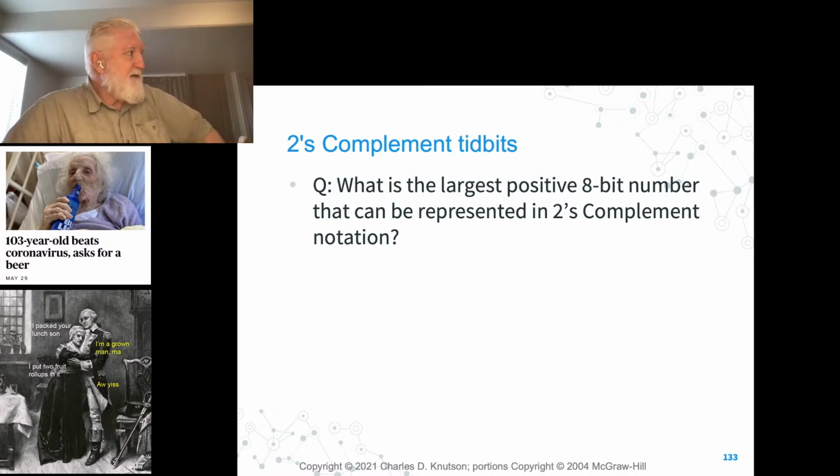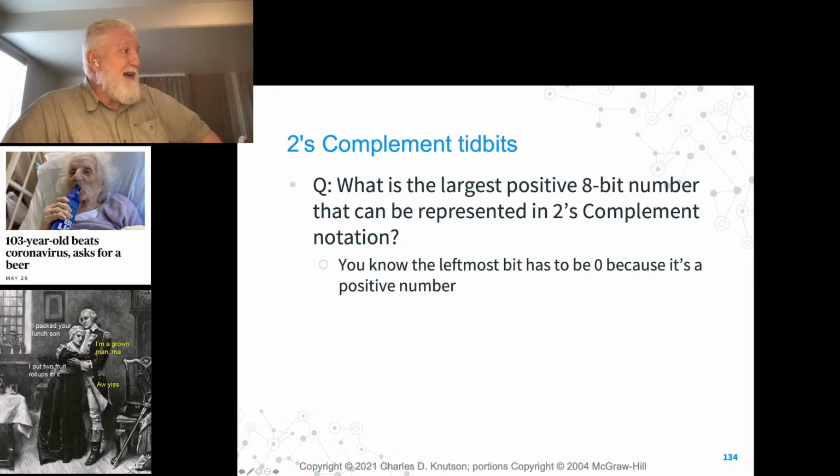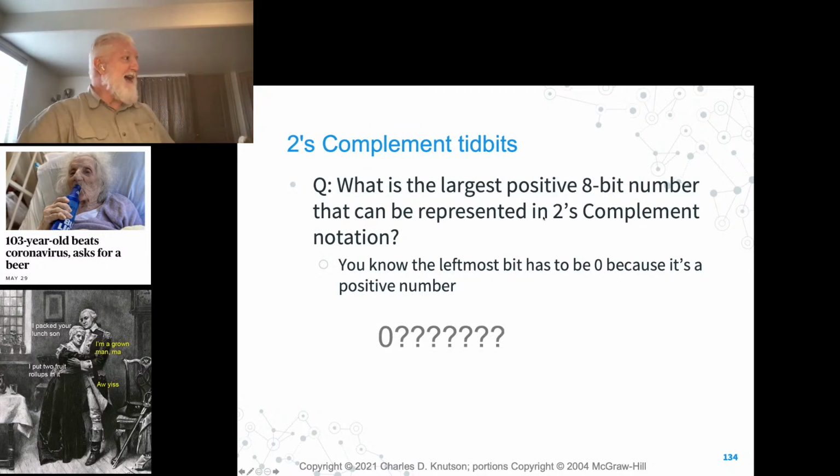All right, let's take a look. Well, I already said it was positive, right? I know that the leftmost bit has to be a 0. Why? Because it's a positive number by definition. So what I've got so far is a 0 and 7 other things. Okay?